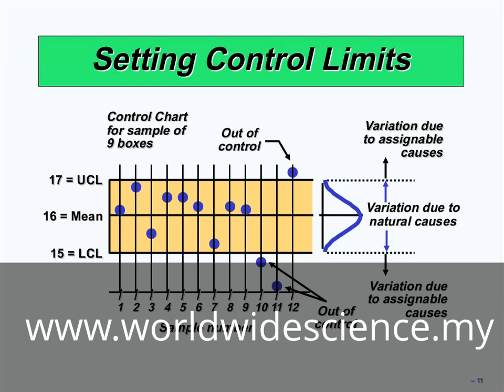Okay, LCL is 15. You should draw a horizontal line that crosses the 15 in the vertical axis. Because we have not enough space, we have to start from 15.